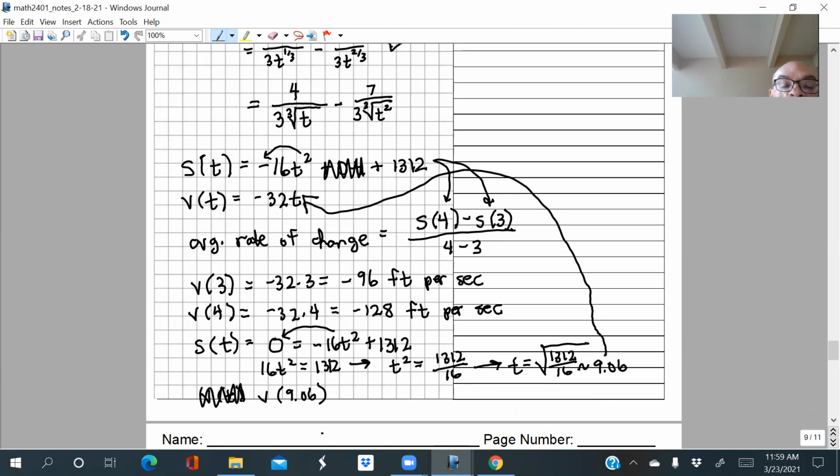So that is minus the 32 times 9.06. So whatever that turns out to be, something like 300, I don't know, something like that, right? Minus 300. That's how fast it's going when it hits the ground.